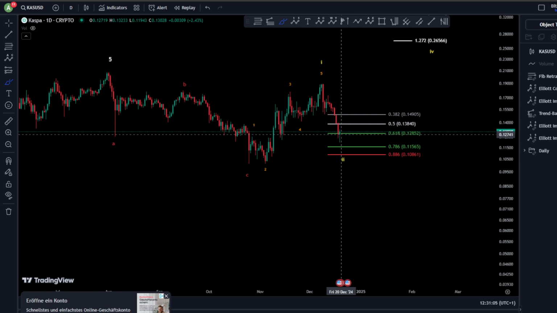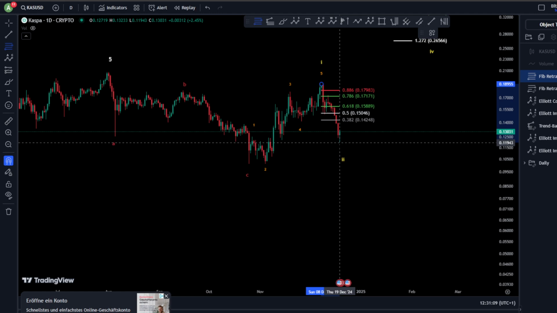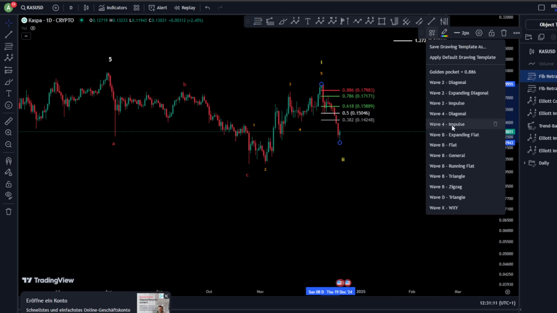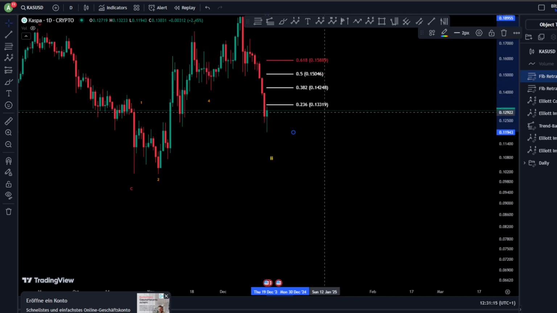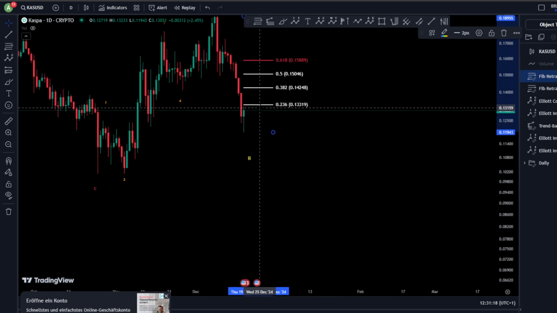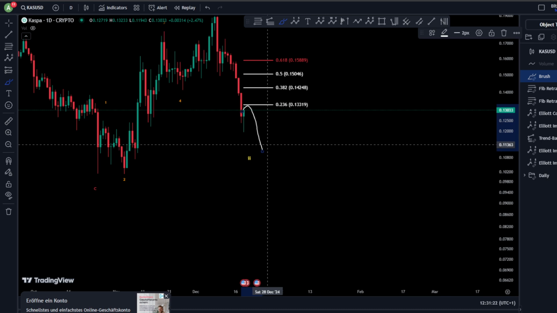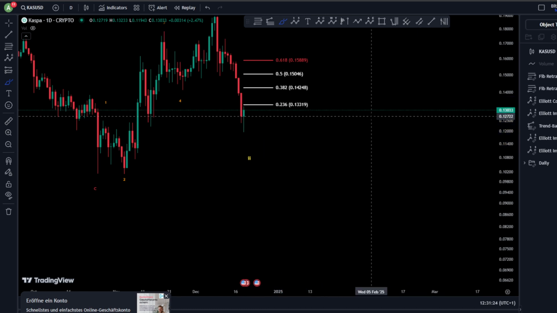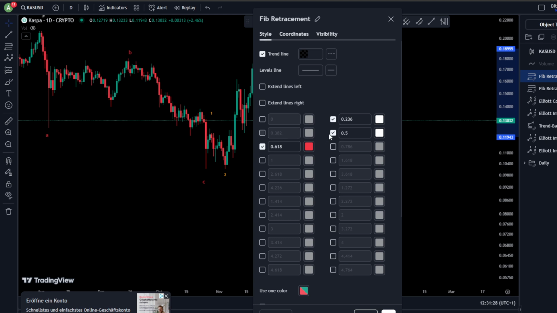However, as well, if you are in a wave 4 as an impulse, you're very close. You have already hit the 0.23, not yet. But if you hit it, you might start to dive deeper. So if you hit this price as well, you might start to move deeper. So these are the fib levels and the prices that you have to watch.